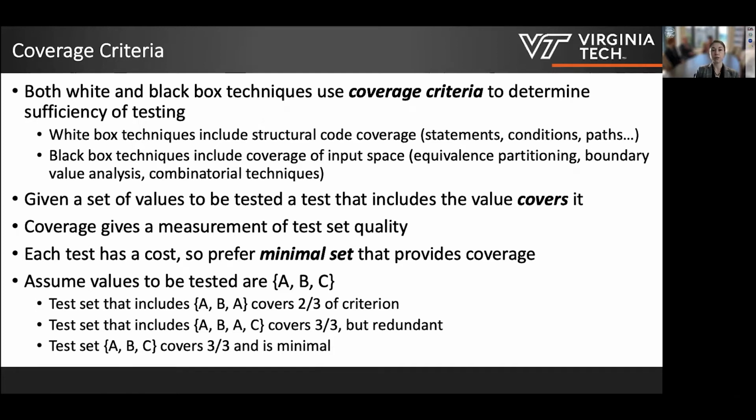So if we assume that the values to be tested are just abstractly A, B, and C, a test set that has A, B, and A would cover 2/3 of the criteria. A test set that includes A, B, A, C covers all of the criteria, but it includes redundant tests. So the test set A, B, C covers all of the criteria and it's also minimal.